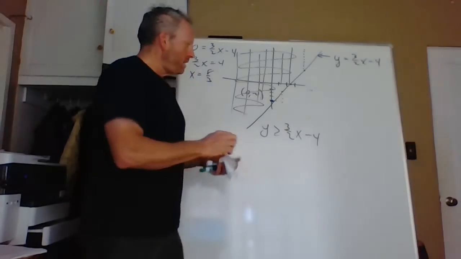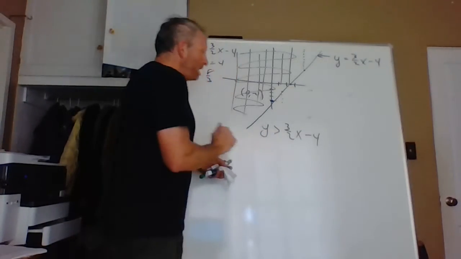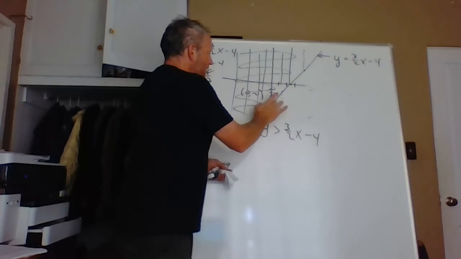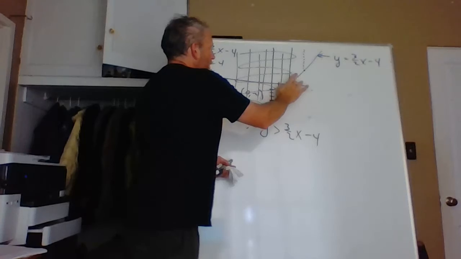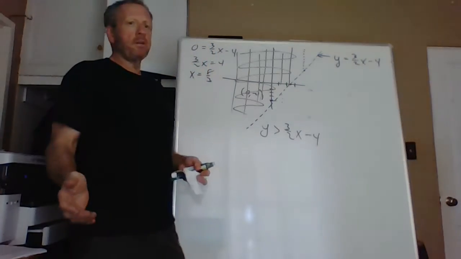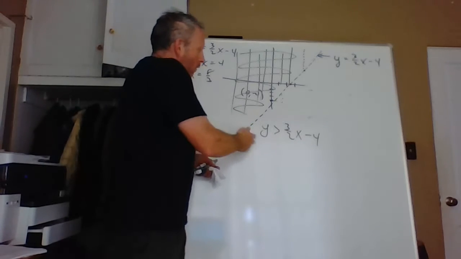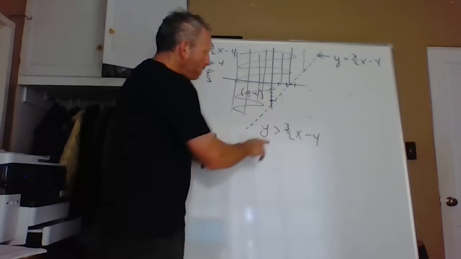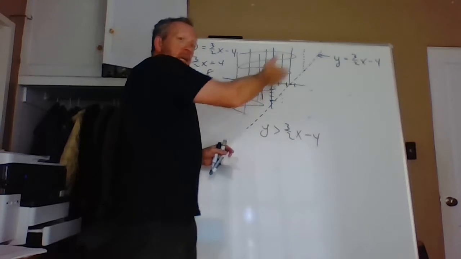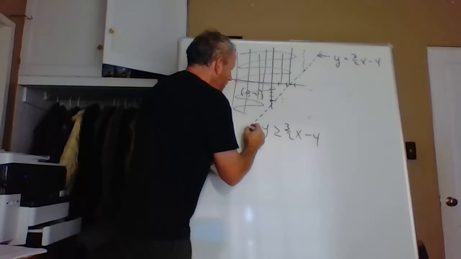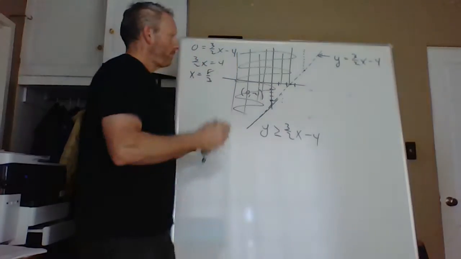The convention is, if you don't want to include the equal sign, that we make this a dashed line. That can be a little bit difficult to detect on graphing software. So if it's greater than or less than, no equal sign, we use a dashed line. If it's greater than or equal to, we use a solid line.